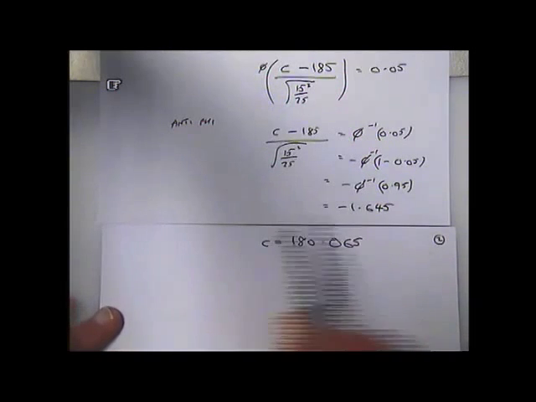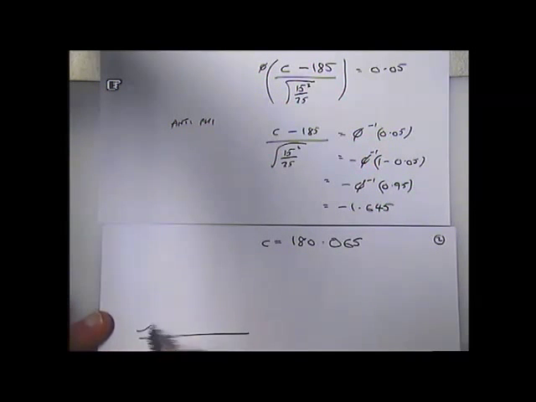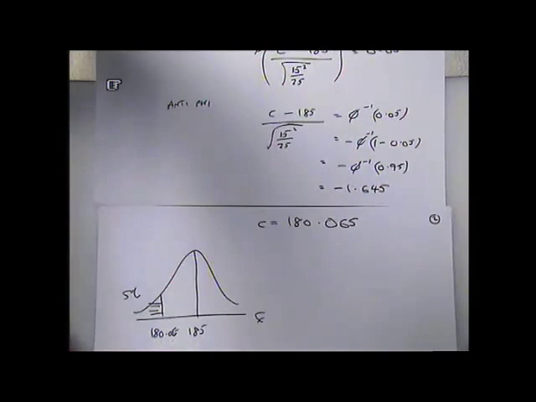If you just rearrange and solve that equation, no need to do it now. I'm just reproducing the diagram from earlier. Okay, so our critical value is 180.065.